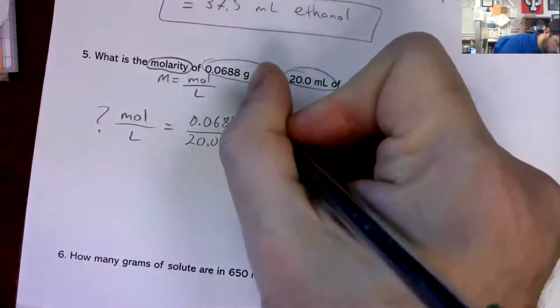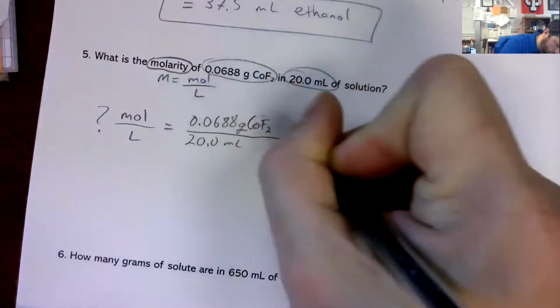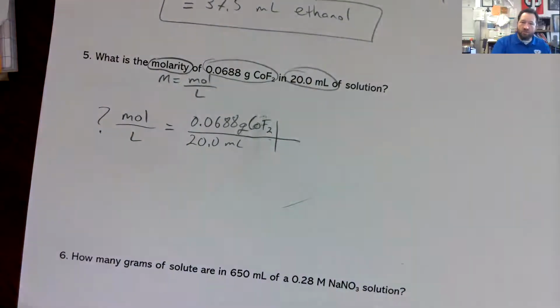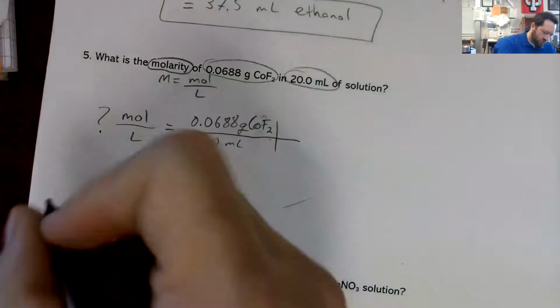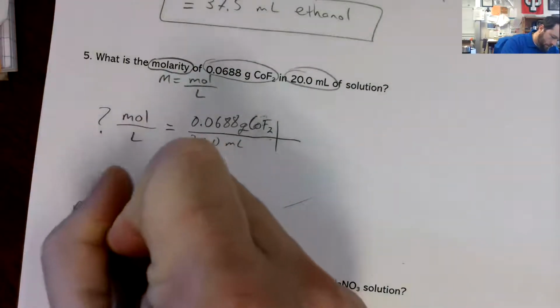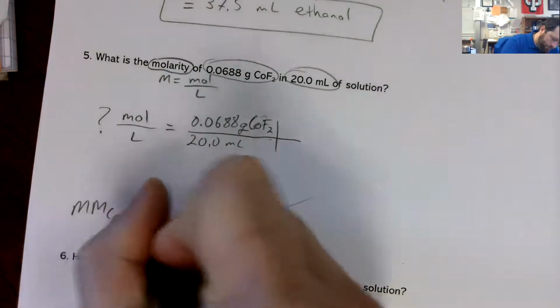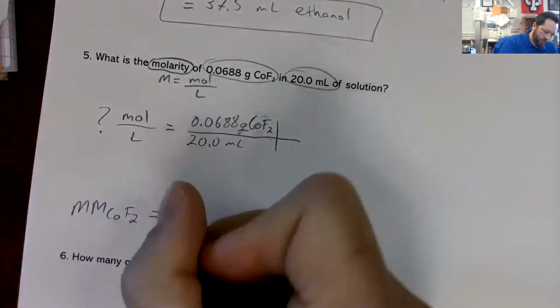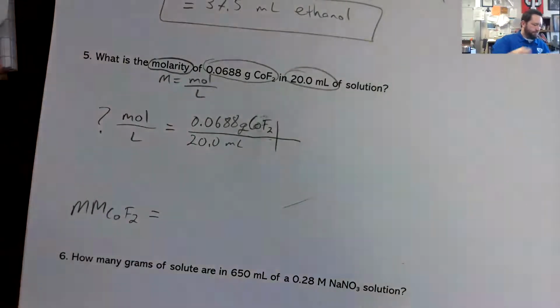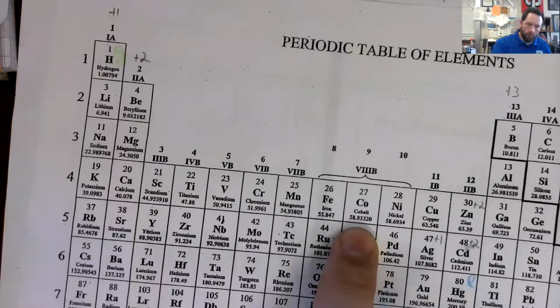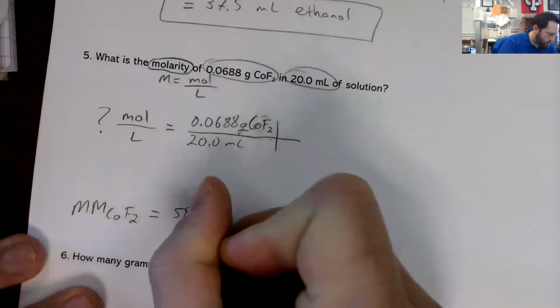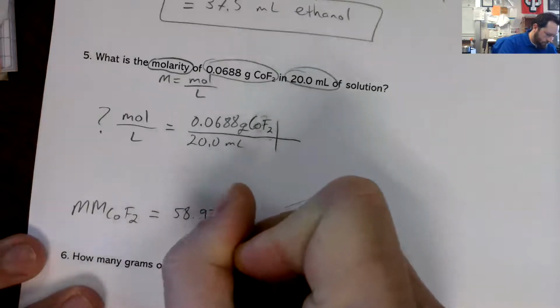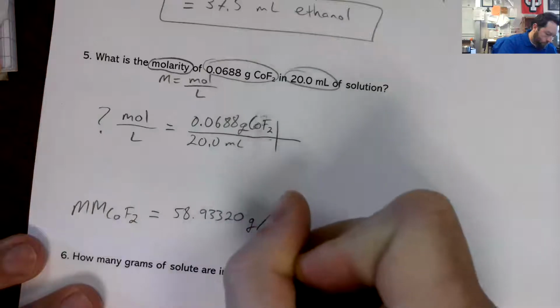Again, it's up to you which one you want to do first. Some people prefer to do the milliliters to liters first. That's absolutely fine. I'm going to prefer to go grams to moles first. In order to do that, I need a molar mass of cobalt fluoride. So cobalt, Co, 58.93320 grams per mole.